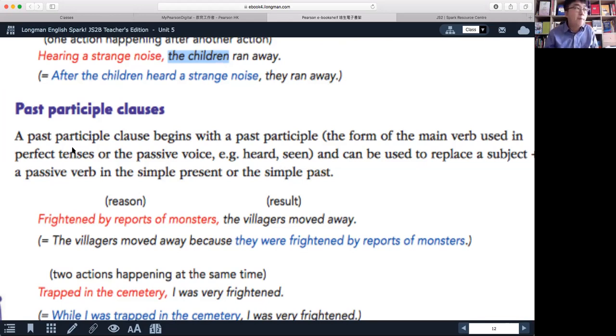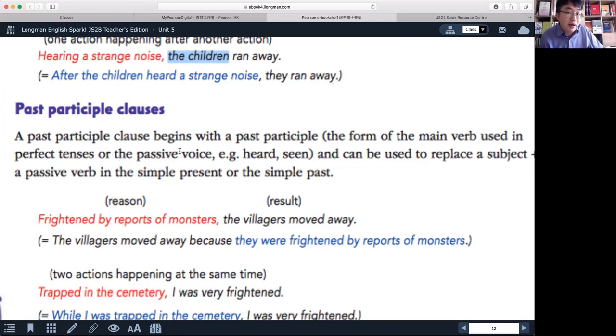So a past participle clause, look at the book. A past participle clause begins with a past participle. So what is a past participle? It is the form of the main verb used in perfect tenses or the passive voice.